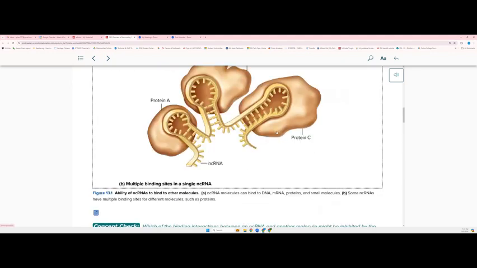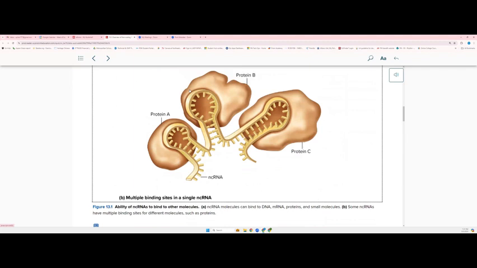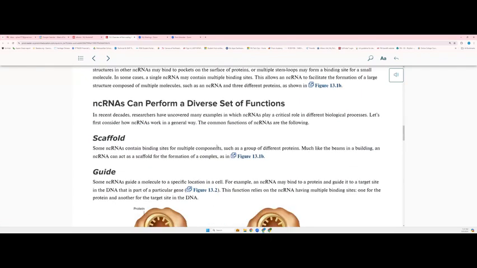For example here, this non-coding RNA can bind to three different types of protein, and this whole thing is a complex, right? So the usage of non-coding RNA in this case is to help form the complex.